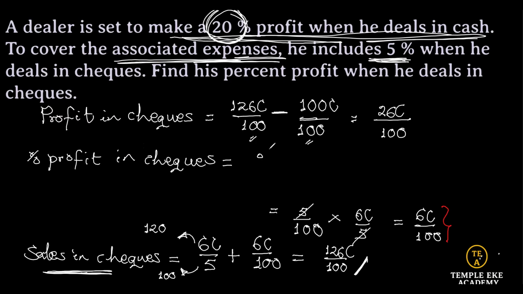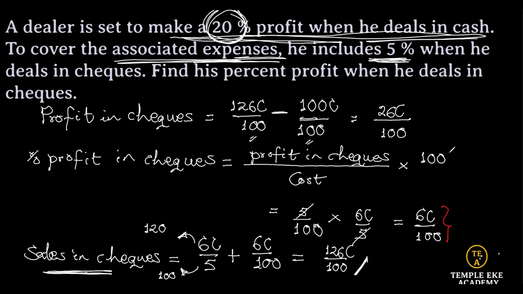So we're saying percent profit is going to be the profit in checks divided by the original cost, and to express as a percentage, we multiply by 100. All these values are available. We know the profit in checks, that's it over there, and we know the original cost as C.